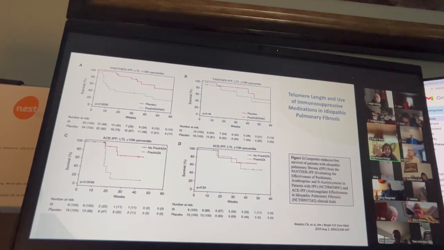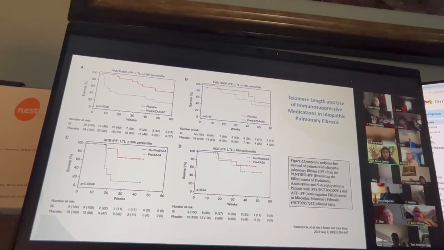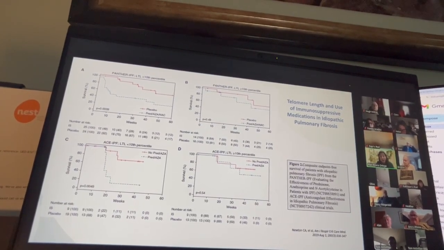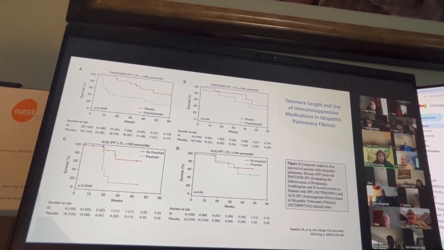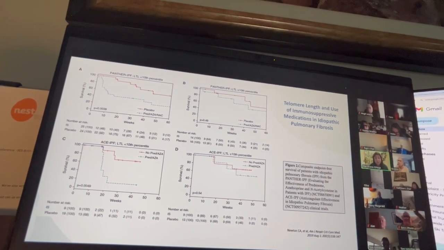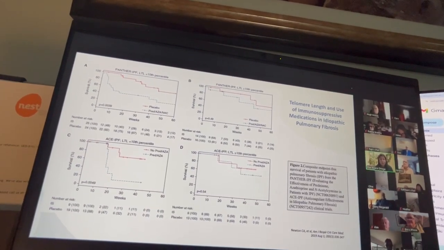At that time, we didn't know, because the antifibrotic treatment didn't exist. And the way our colleagues used to treat patients with IPF was with immunosuppressive therapies and steroids, things that we don't do anymore.